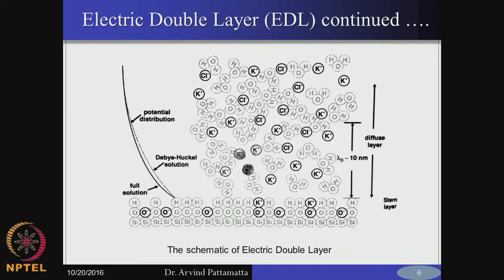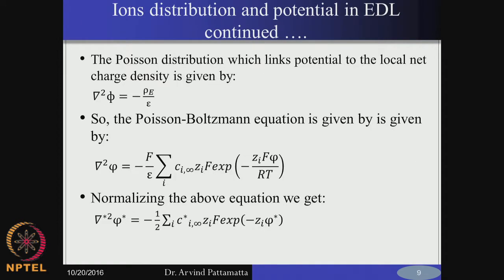For that we have to solve the Poisson's equation, which solves for the electrostatic potential phi. It is just the Laplacian operator on the left hand side, equal to the net local charge density on the right hand side.